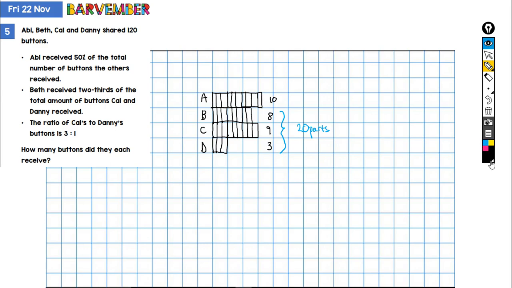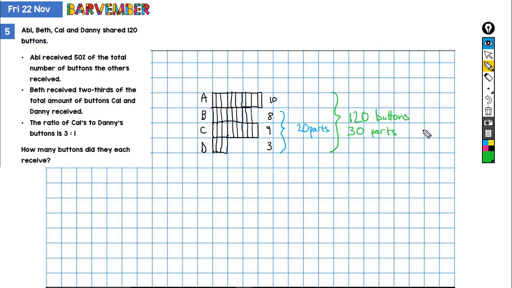We also know the total number, all right, the total number of buttons. So that's 120 buttons in total. Okay, and we know the total number of parts. So we have 120 buttons and we have 20 plus 10, 30 parts. 30 equal sized portions.